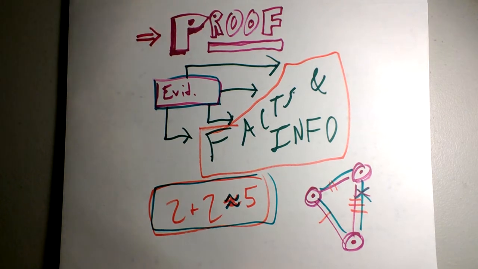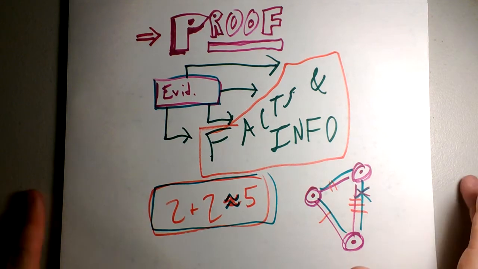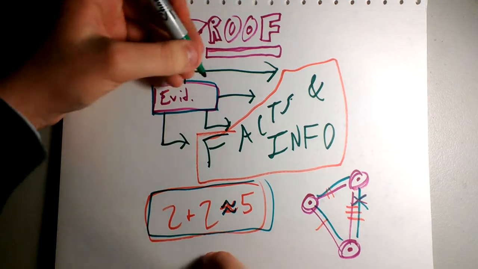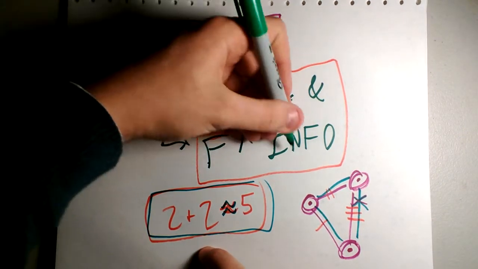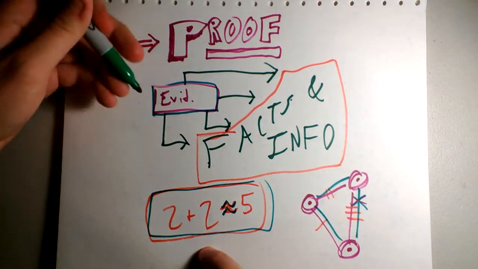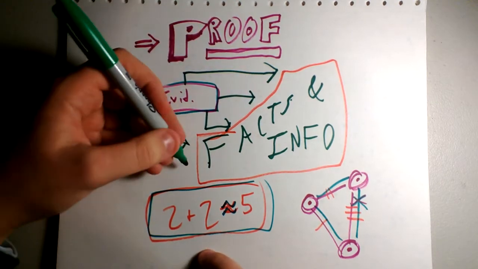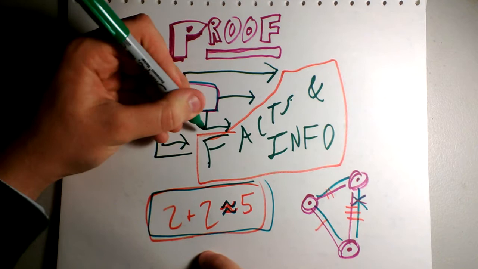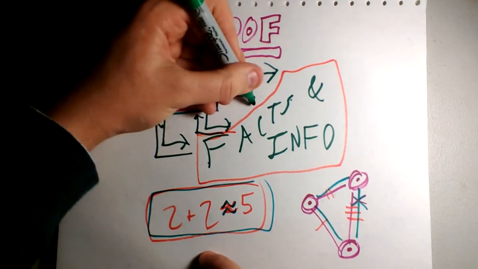It's really the hallmark of all mathematics. And it's the reason why so many mathematicians back in the day were all considered great philosophers. It's because of this idea of connecting evidence to facts and information, and you could even connect it backwards. If you have facts and information that someone told you, you should be able to get the evidence back, what you started with.